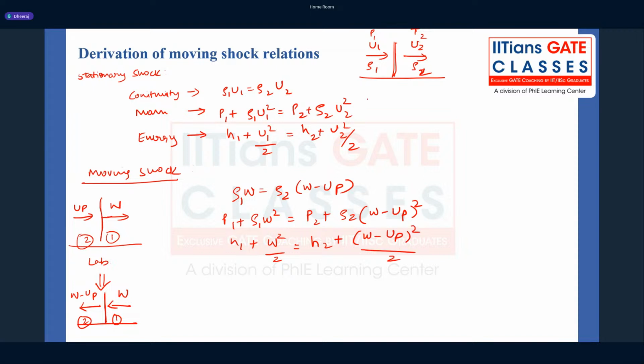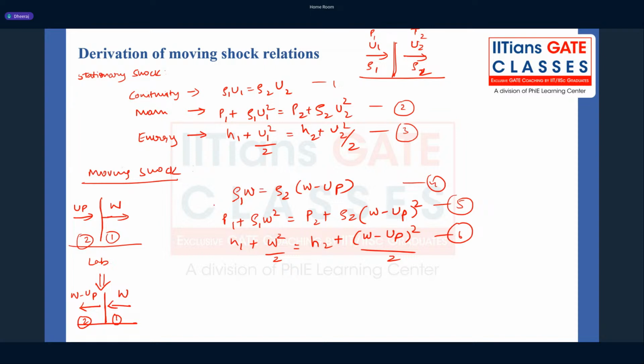Let's say these are equations 1, 2, 3, and these are equations 4, 5, 6. I hope this is clear till this point.